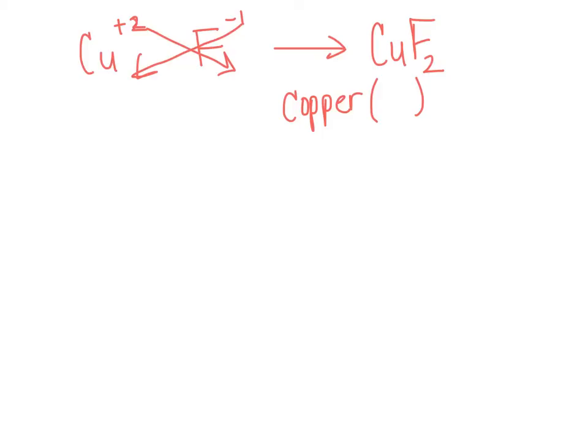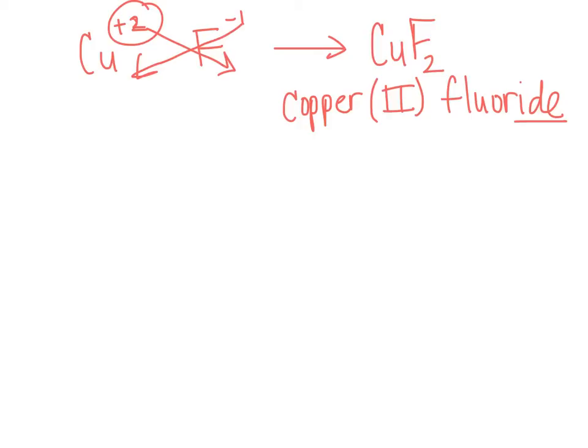We know the ending is going to be fluoride. Remember, change the ending to "ide." Okay, so now let's go back. Copper is a transition metal. It has a multiple charge, and the charge is 2. So then this would be copper 2 fluoride. Okay?